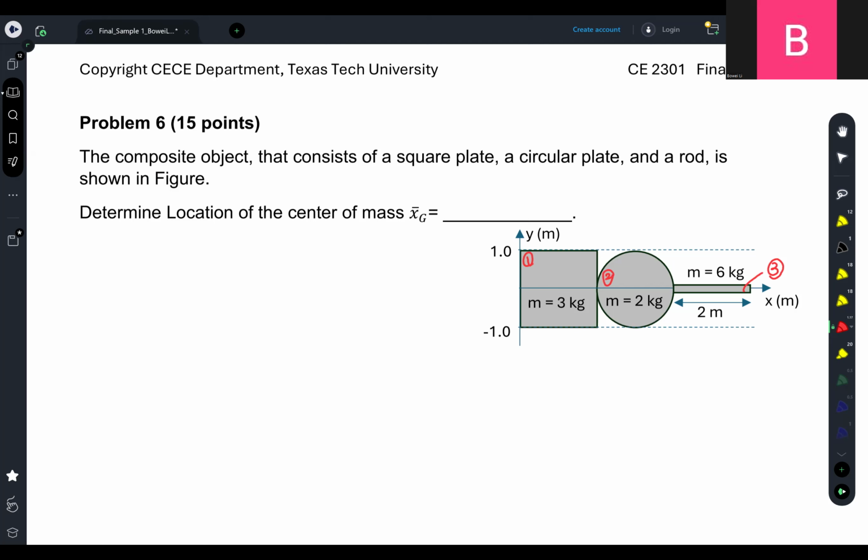Given that information, how are we going to evaluate the location of the center of mass here? x3 equals to... It is a concept very similar to the previous problem to evaluate the location of the centroid. Now it is a weighted average of the center of mass of each part, but the weight changes to mass.